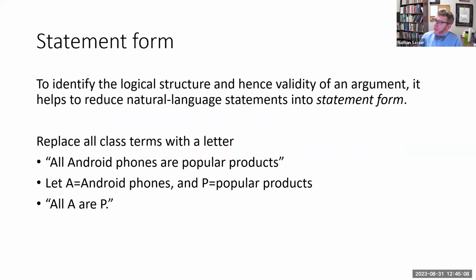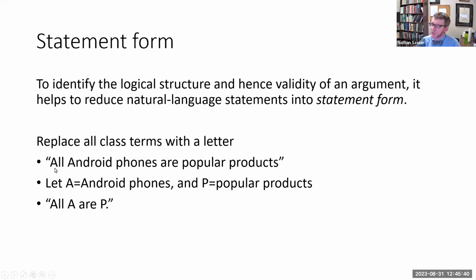Now, it really helps us to identify the logical structure and hence the validity of an argument if we take a set of natural language statements that are in an argument, and we reduce them to their mere form, their statement forms. Let me give you an example of what I mean. When we do this, we're going to take all the class terms in a statement, and we're going to substitute them with capital letters.